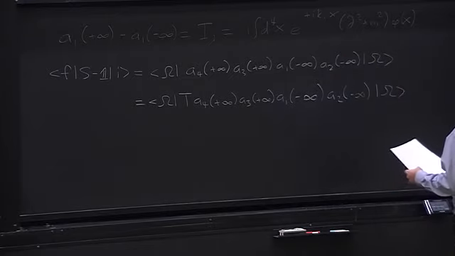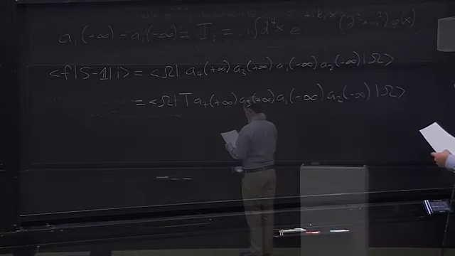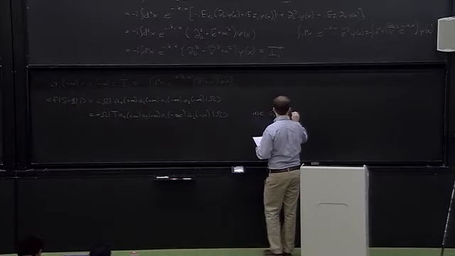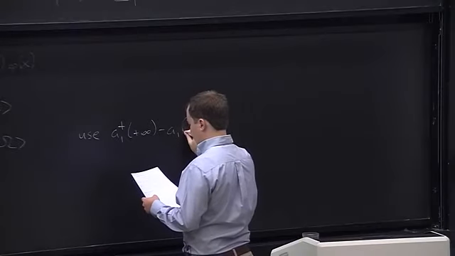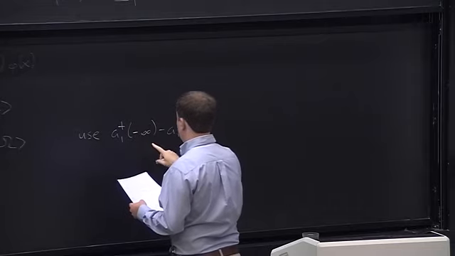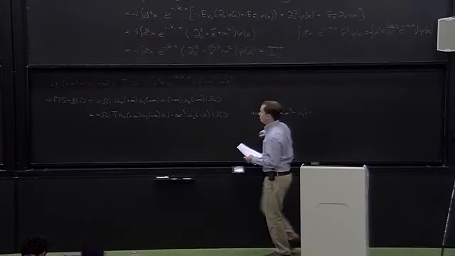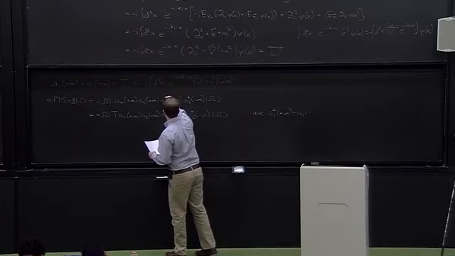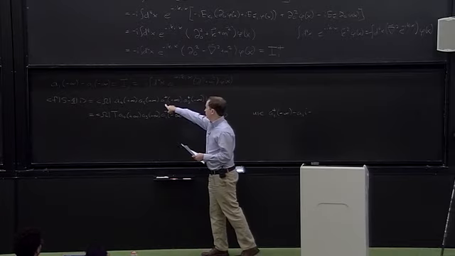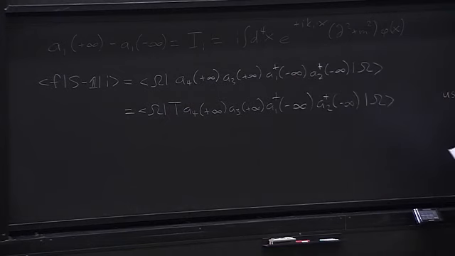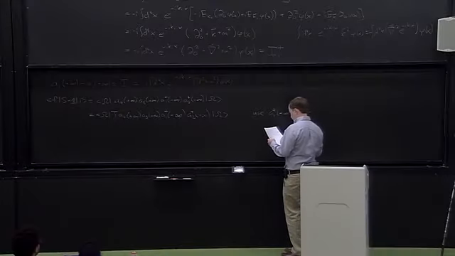So we'll use A1 plus infinity minus A1 of minus infinity. Should be daggers here. So we want to relate the creation operator in the far past to the creation operator in the far future.